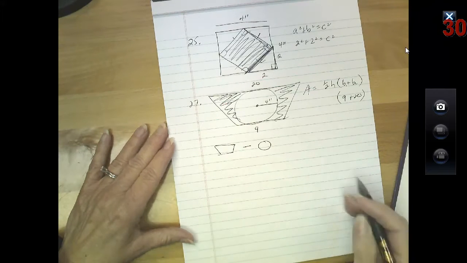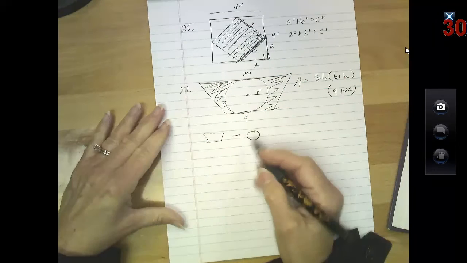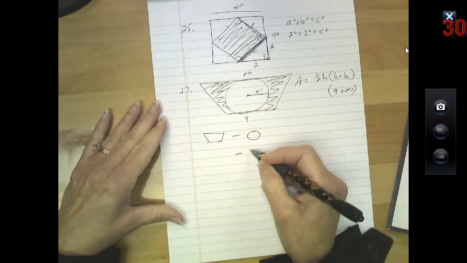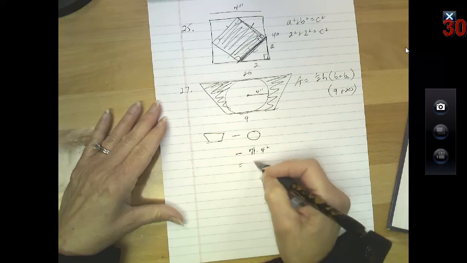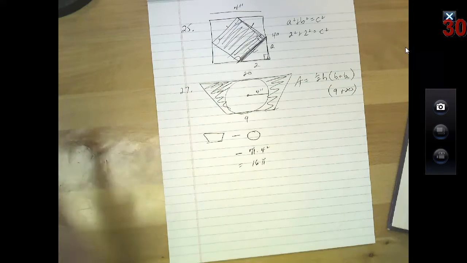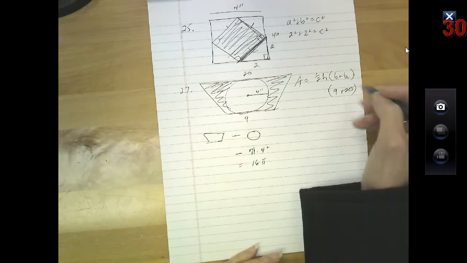minus the area of the circle. And then that should give you what's left. If you take that out, it'll give you what's left. Now, the circle we can do pi r squared, so pi times the radius 4 squared, or 16 pi. So you've got part of it. Now what you need is the trapezoid, which we worked part of.